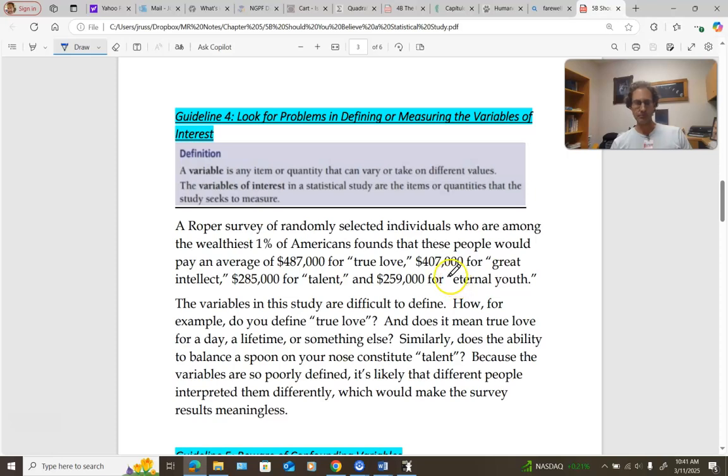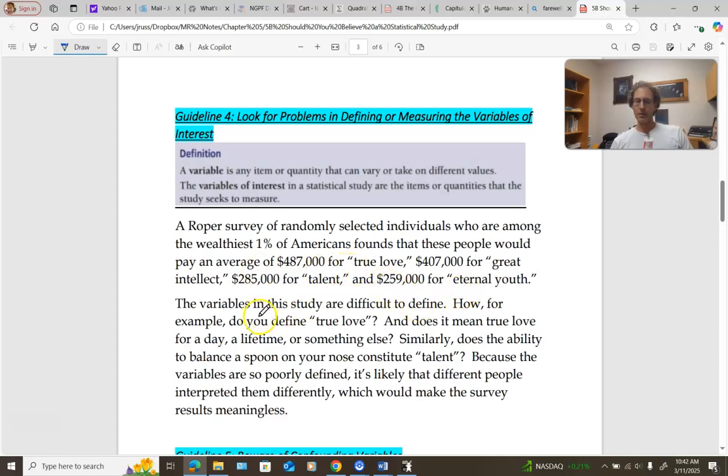Okay. Now the variables in this study are difficult to define. Okay, so they were trying to see how much the wealthiest Americans would pay for these different variables here, for true love, for great intellect, for talent, etc.